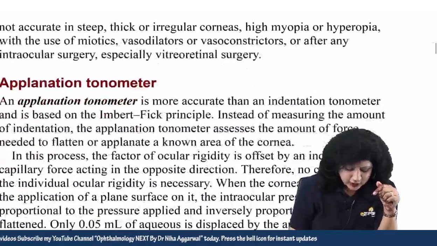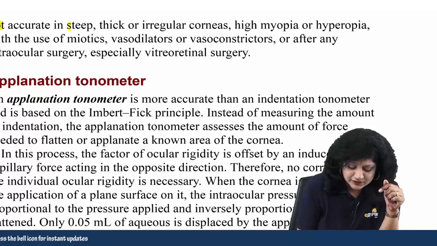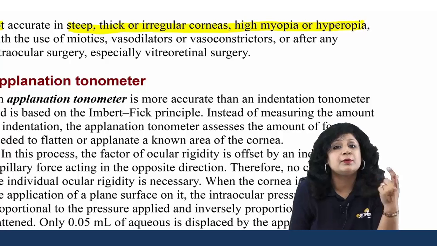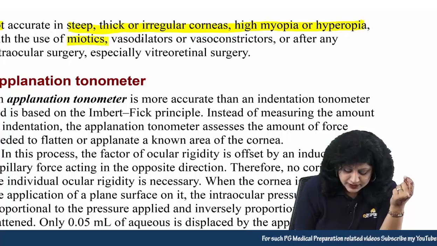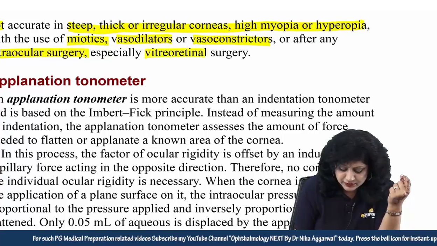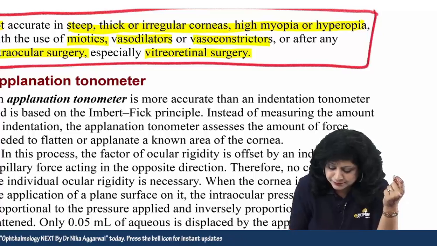The readings are not accurate in steep, thick or irregular corneas, high myopia, hyperopia. Hyperopia means hypermetropia. Also with the use of miotics, vasodilators, vasoconstrictors, and intraocular surgery, especially vitreoretinal surgery. So this thing is again very useful for your academic purposes.